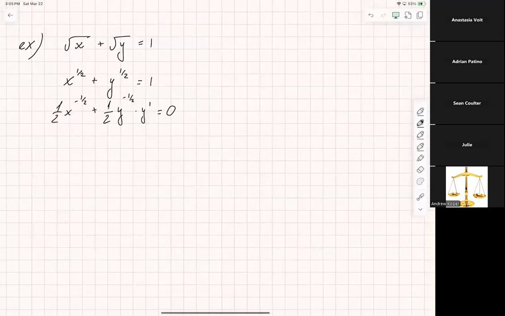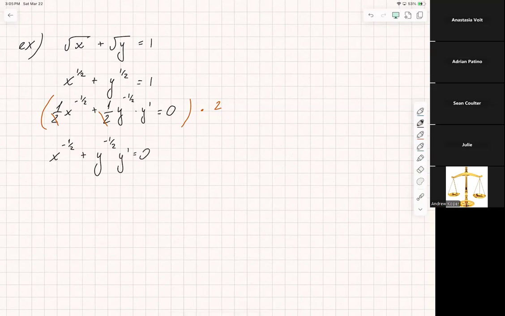Now we can multiply the whole expression by 2 and get rid of this 2. We have just x to the power of negative 1/2 plus y to the power of negative 1/2 y prime equals 0.